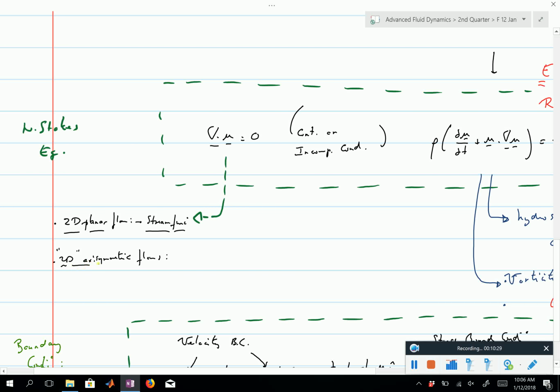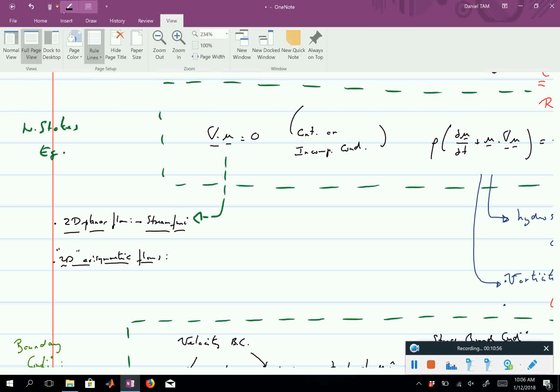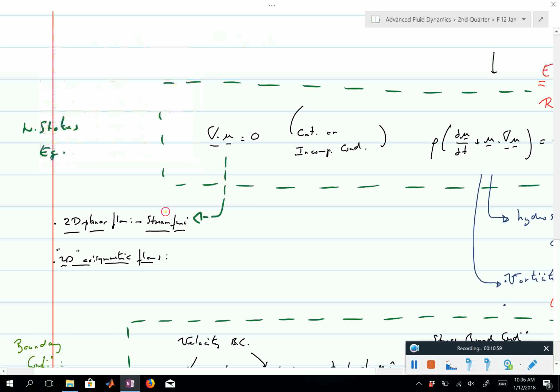And oftentimes it comes out because if the flow is 2D, then you know that this relationship essentially links u and v, and so instead of solving for u and v, you can just solve for the stream function and then deduce what u and v are. So here there was another little concept box which I discussed. The stream function.